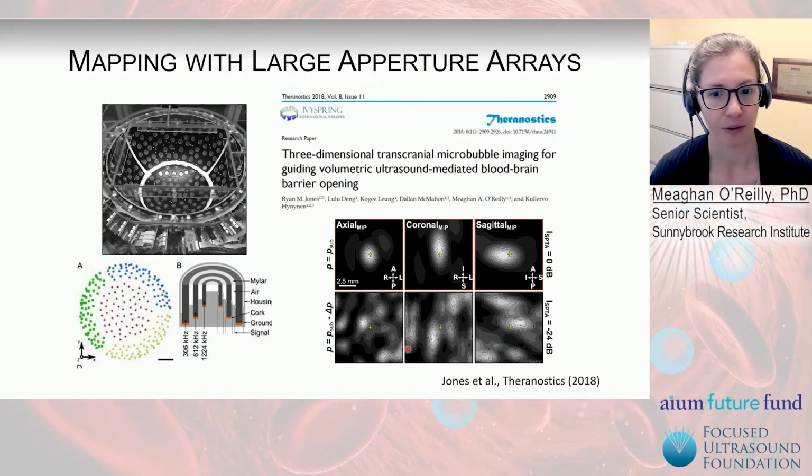This is one example from a paper by Ryan Jones in 2018, showing one of our devices with 256 element units, each of which contains nested elements that operate at different frequencies, allowing you to transmit at one frequency and receive on one of 2 possible other frequencies. And we can see that this results in a very tight focal spot when we're generating our passive maps.